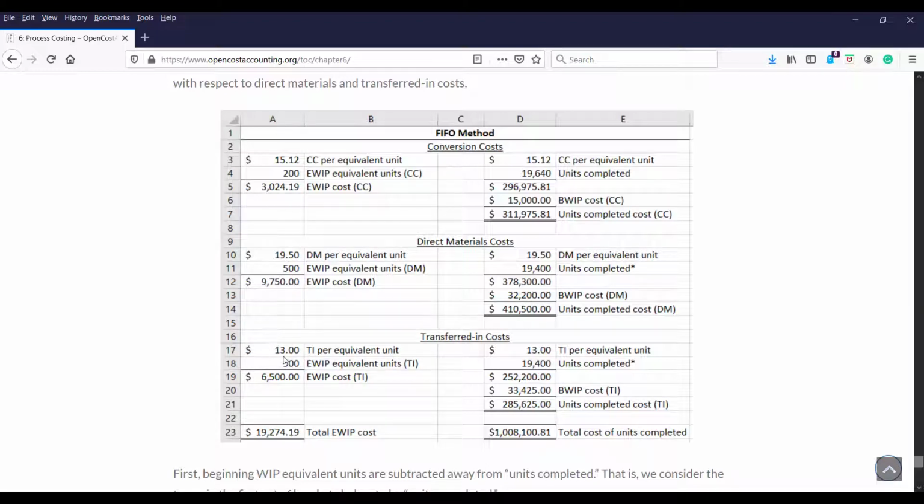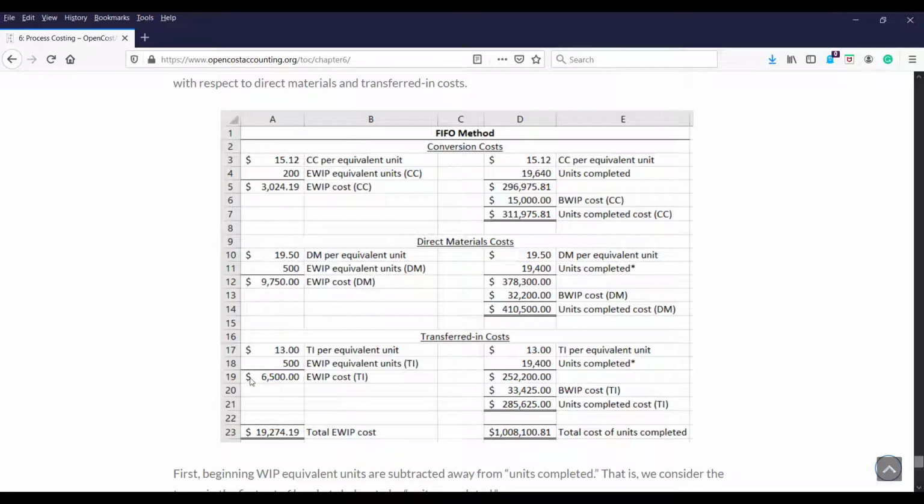We have a transferred in cost rate of $13 multiplied by the equivalent units with respect to transferred in costs in ending WIP, and we get $6,500 as our total transferred in cost in ending WIP. You sum these three together, you get $19,274.19. That's our total ending WIP cost.